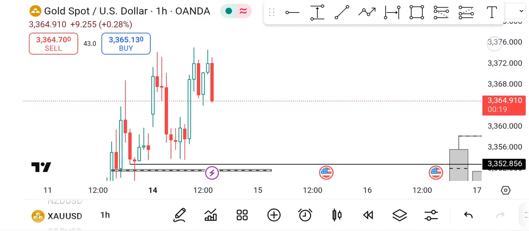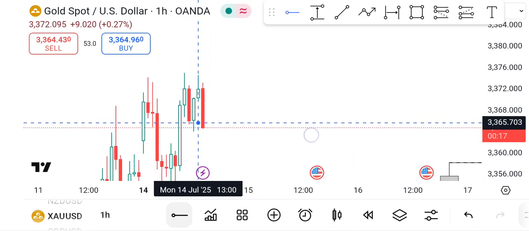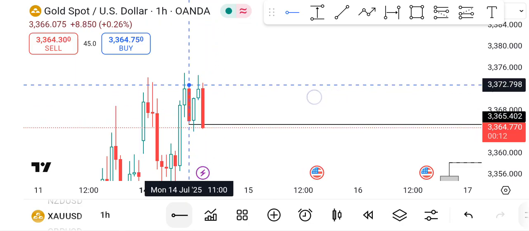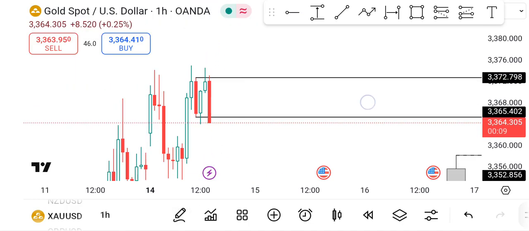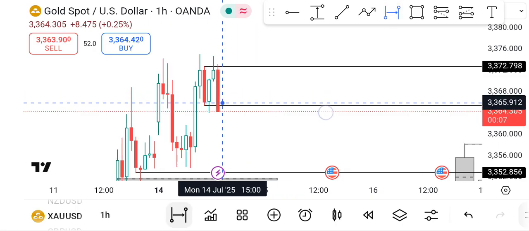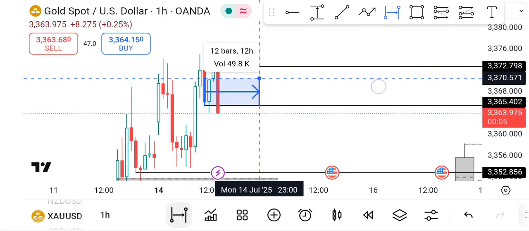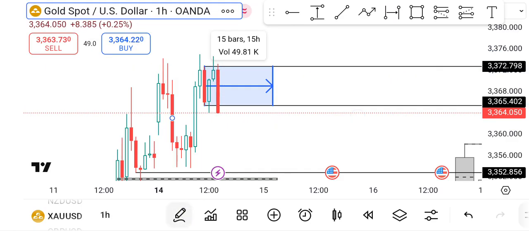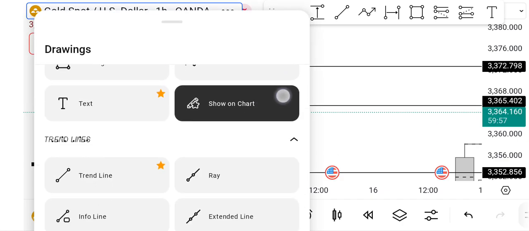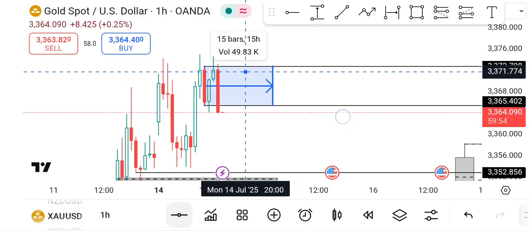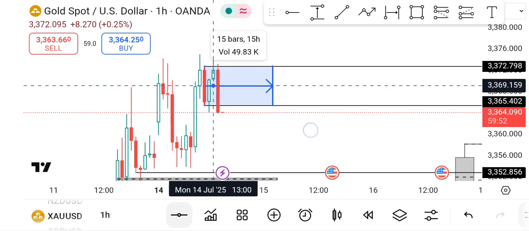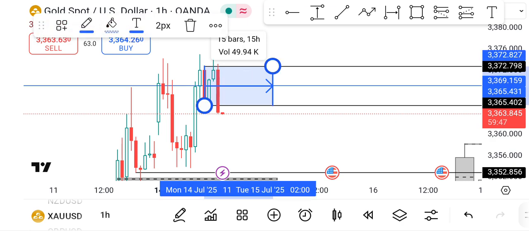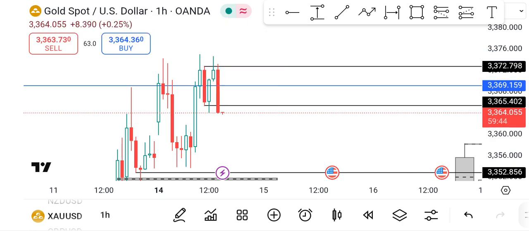So let me show you. After spotting and marking your CRT high and your CRT low, you are supposed to mark the 50% of the accumulation candle as your first take profit, like that. That is the 50% take profit.